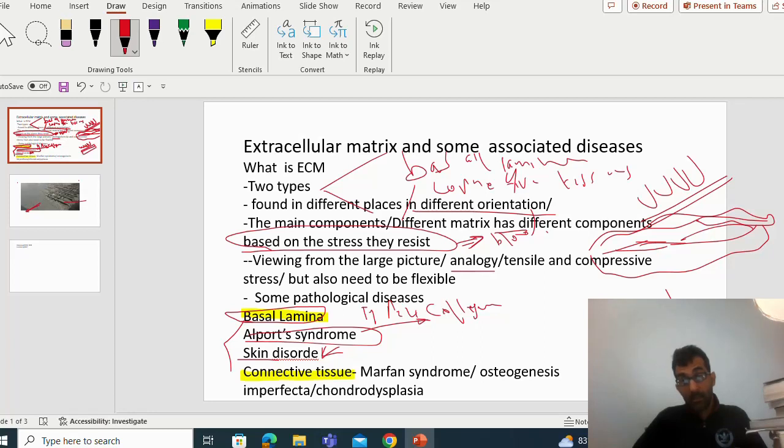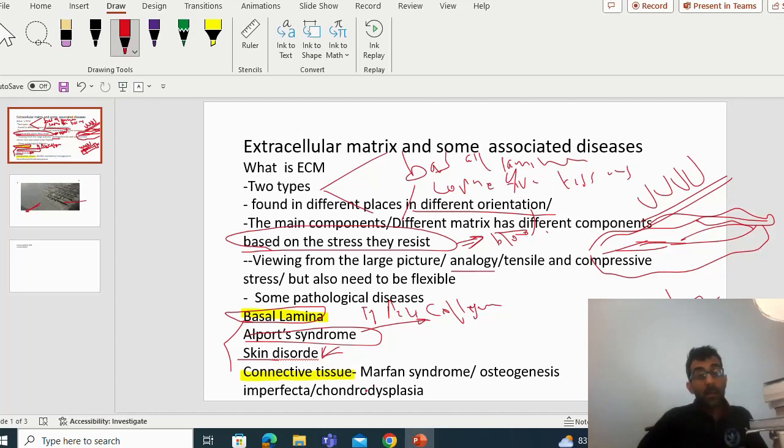The anchoring type 7 collagen is like this. They anchor the basal lamina on the connective tissue. So any mutation or defect in this collagen causes blistering in the skin. Both these layers, the epithelium plus the basal lamina, are called basement membrane.